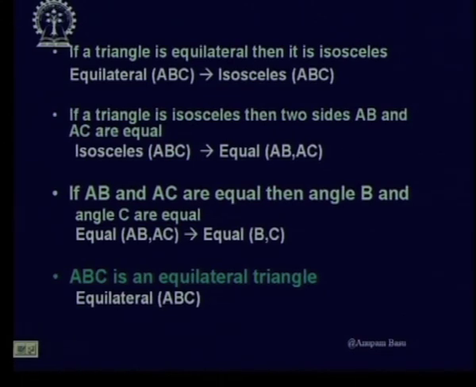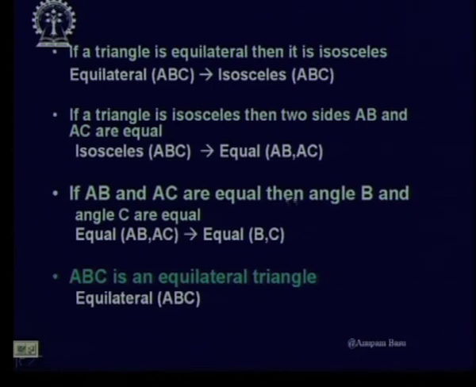Now, we next represent these in the form of propositions. If a triangle is equilateral, then it is isosceles, so we can write equilateral ABC implies isosceles ABC. If a triangle is isosceles, then the two sides AB and AC are equal, which we can represent as isosceles ABC implies equal AB AC.